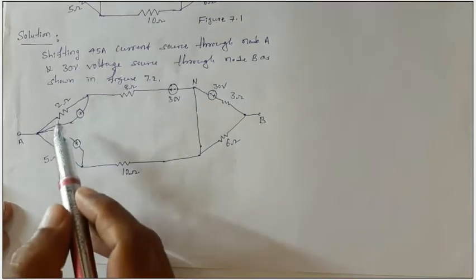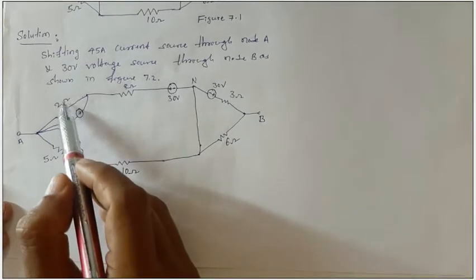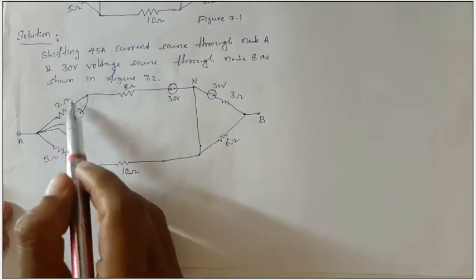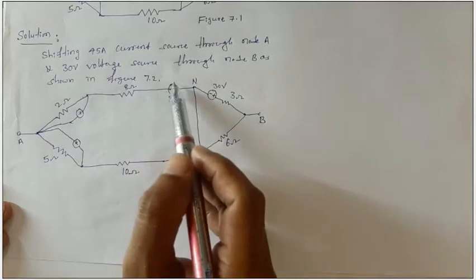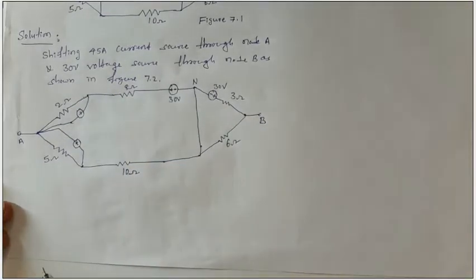First I am going to convert these two to a voltage source, because once I convert this to a voltage source, this converted voltage source and this voltage source will come in series, and we can easily reduce the network.